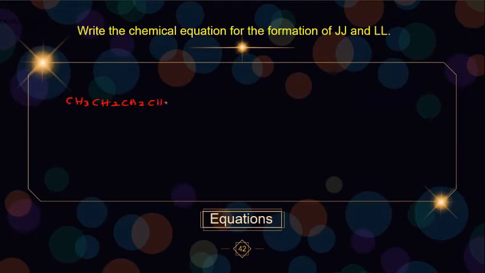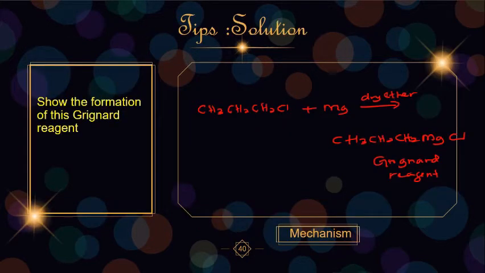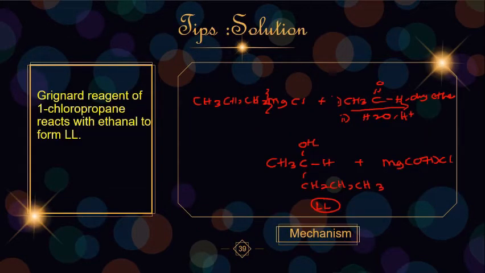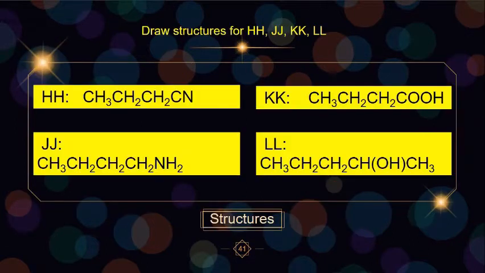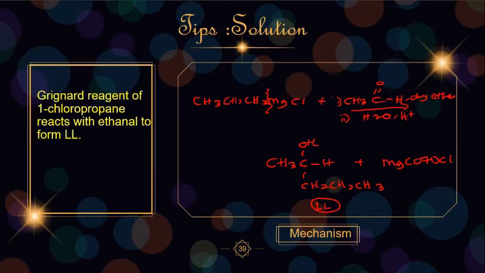Dia dah cut sebenarnya. Sebenarnya dia boleh datang daripada nitrile. Okay, tadi kita kata daripada JJ nak hasilkan LL. Betul tak? Okay, first tadi kita buat apa tadi untuk hasilkan JJ tadi? Okay, kita ambil tadi CH3, CH2, CH2 and H2. Betul tak? Okay, so sekarang ni Grignard reagent of 1-chloropropane react with the ethanal to form this one.